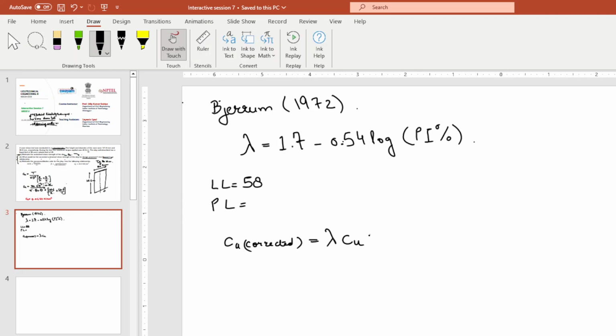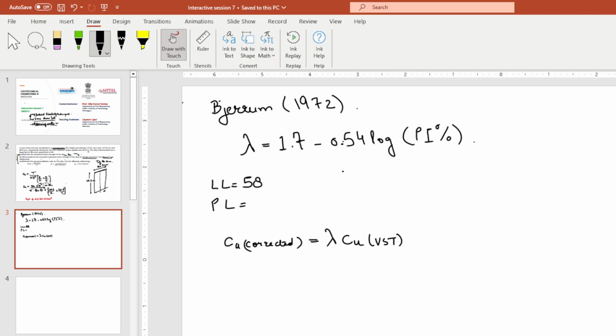That is what I'm writing. So the Cu that you get from the vane shear test, you have to multiply it by a factor lambda that has been empirically proposed by Bjerrum in 1972. There are other relations also, but this is one of the most common.